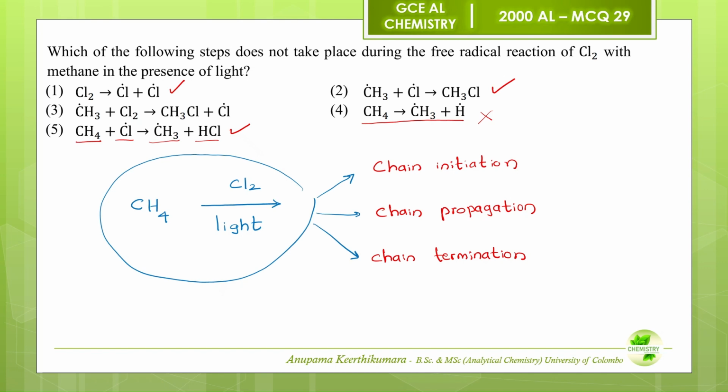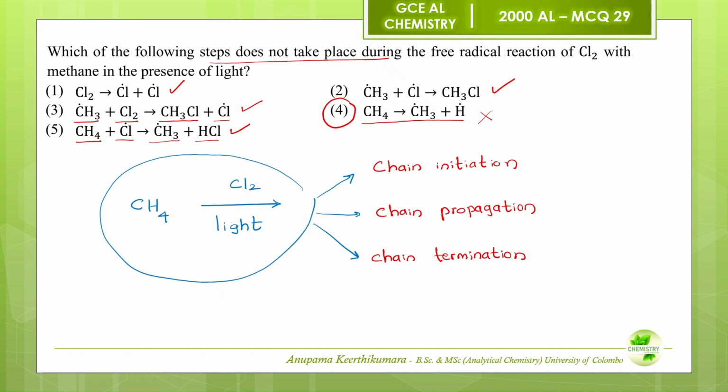Also, during chain propagation, the produced methyl free radicals react with chlorine molecules and are converted to the respective alkyl halide and produce chlorine free radicals. Step 3, methyl free radical reacts with the chlorine molecule and produces the alkyl halide and chlorine free radical. So that is also correct. Step 4 is not correct. This step does not take place during the reaction.